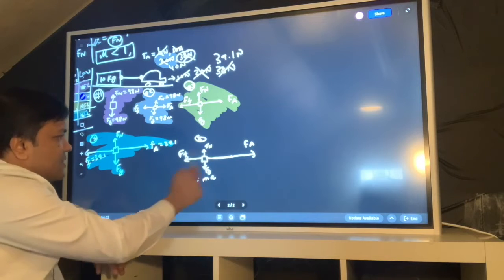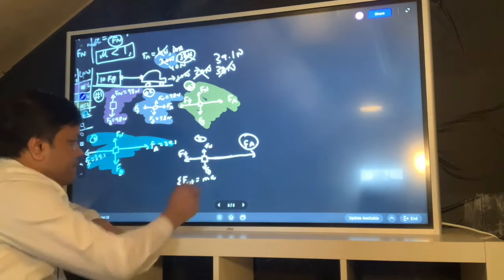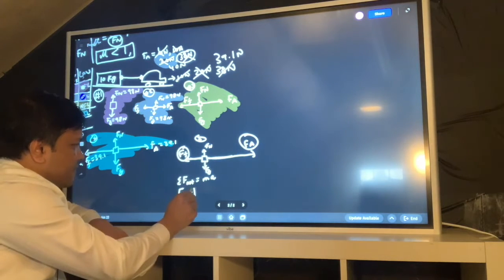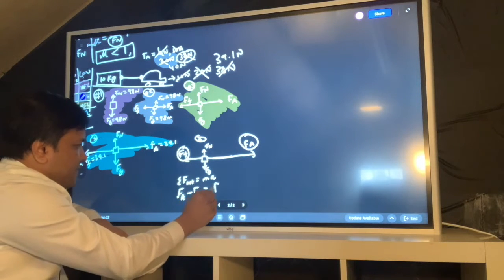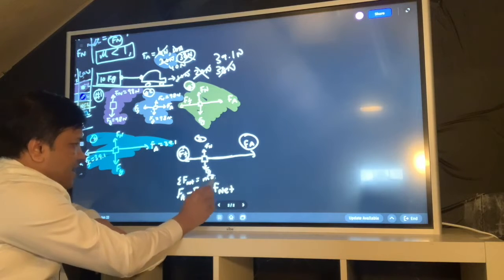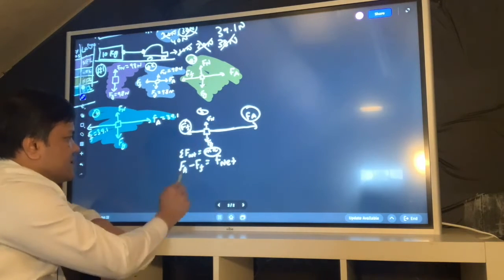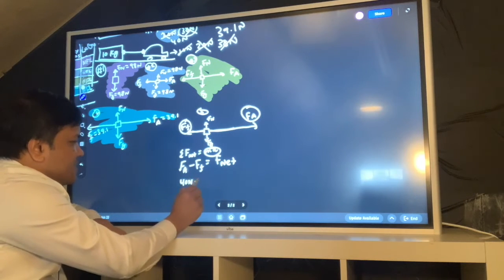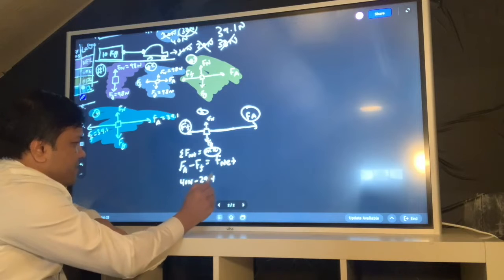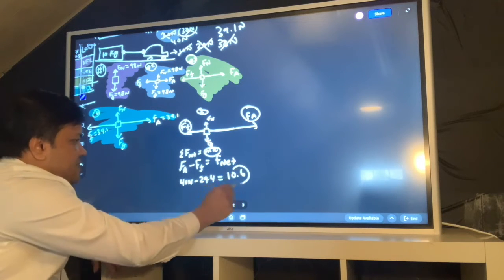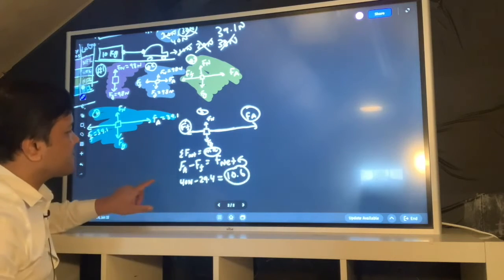All the forces acting on this box: Fa minus Ff is equal to F net, because Ma you can replace by F net. So applied force is 40 Newton and force of friction is 29.4, so 10.6. So the net force is 10.6.